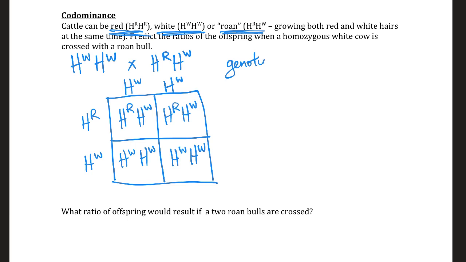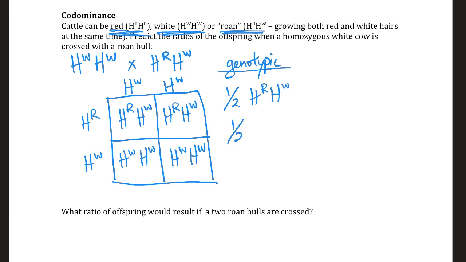Genotypic. The genotypic ratios. We have 2. So half of it, 1/2, would be HRHW.